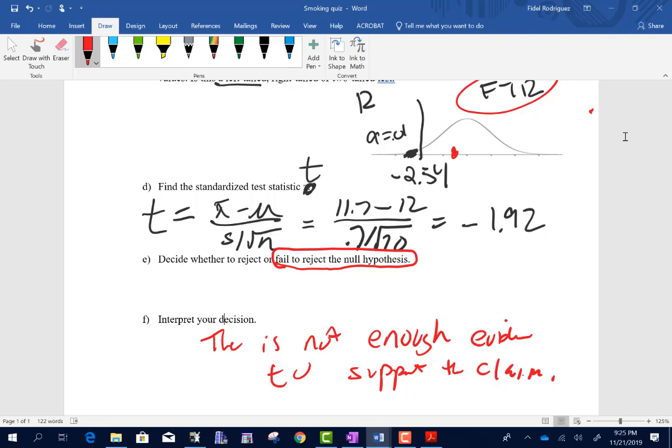If this was a Z value of negative 1.97, I would have gone normal CDF, and I would say negative all the 9s, up to negative 1.97, and enter. And I would have compared the p value, which in this case would have been 0.03, rounding to two decimal places.